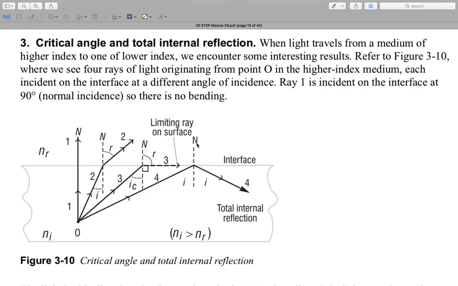And on the fourth ray, this is total internal reflection, where i is greater than the critical angle.